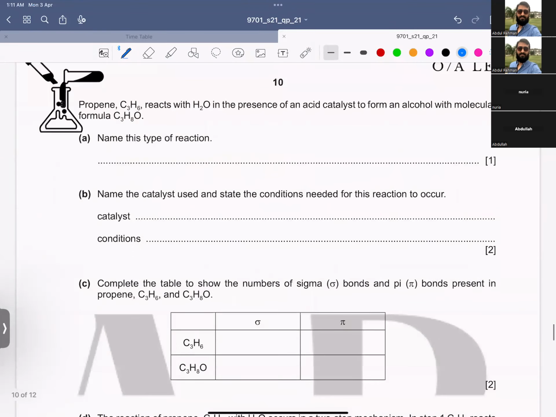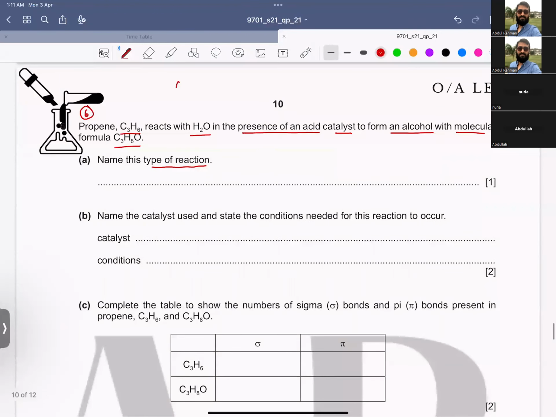Now, question number 6. Propene C3H6 reacts with water in the presence of an acid catalyst to form an alcohol with the molecular formula C3H8O. Name the type of reaction. Yes. See, we have one molecule C3H6 reacting with water and forming C3H8O.